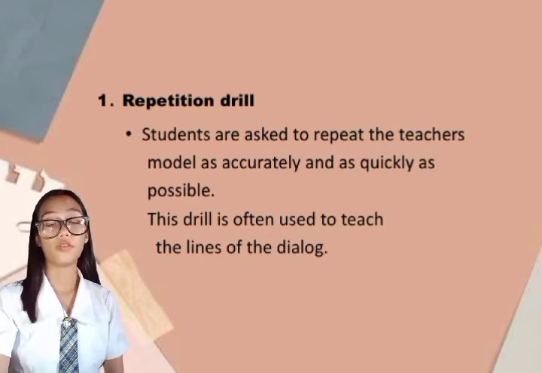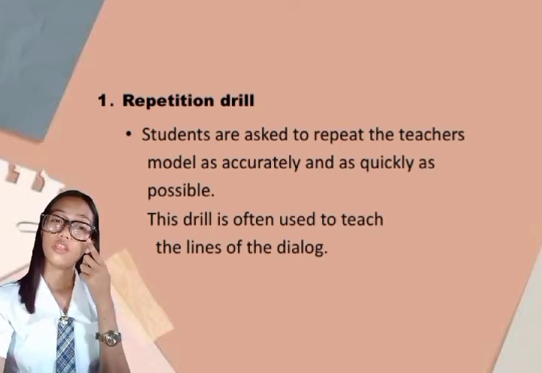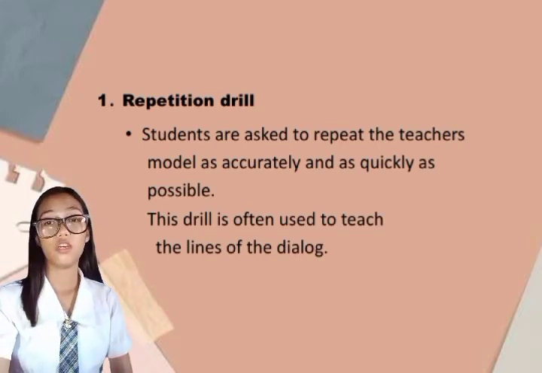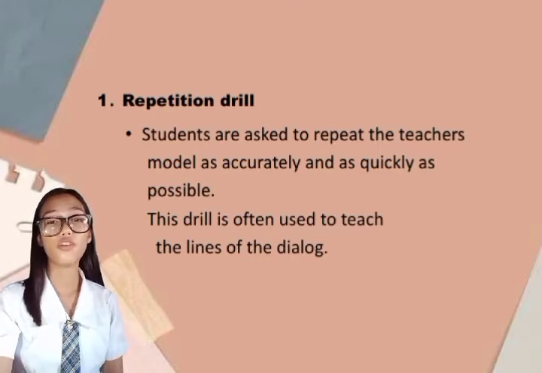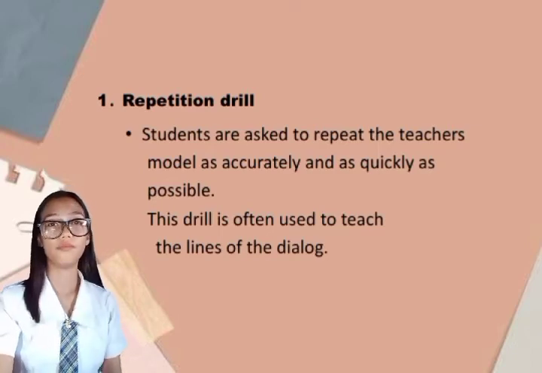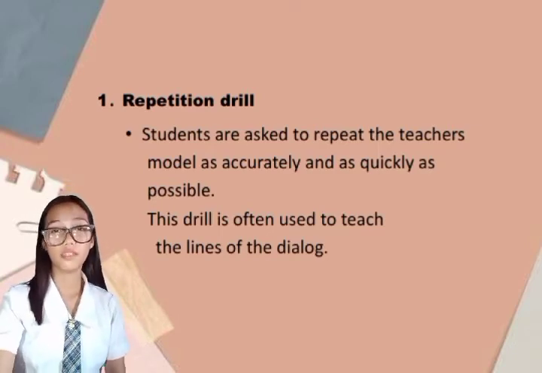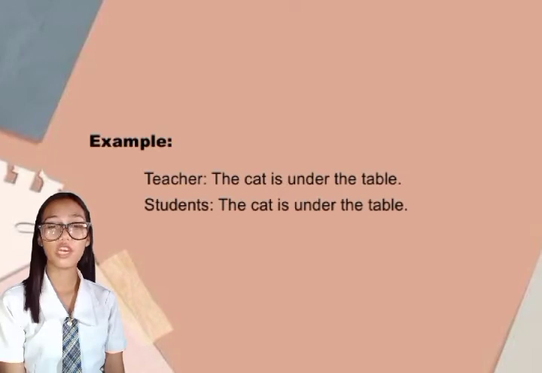The purpose of this drill is to enable the learners to internalize the structure or grammatical categories introduced in the lesson. Example: Teacher, the cat is under the table. Students, the cat is under the table.